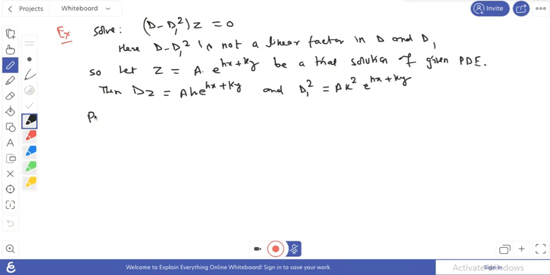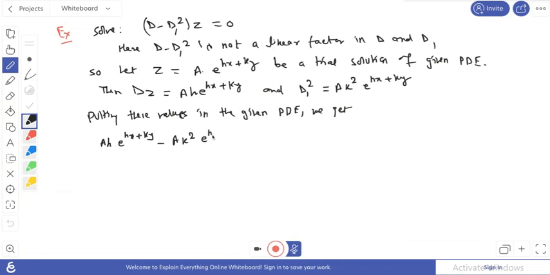Then putting these values in the given partial differential equation, we get a h e to the power hx plus ky minus a k square e to the power hx plus ky, that equals to 0.